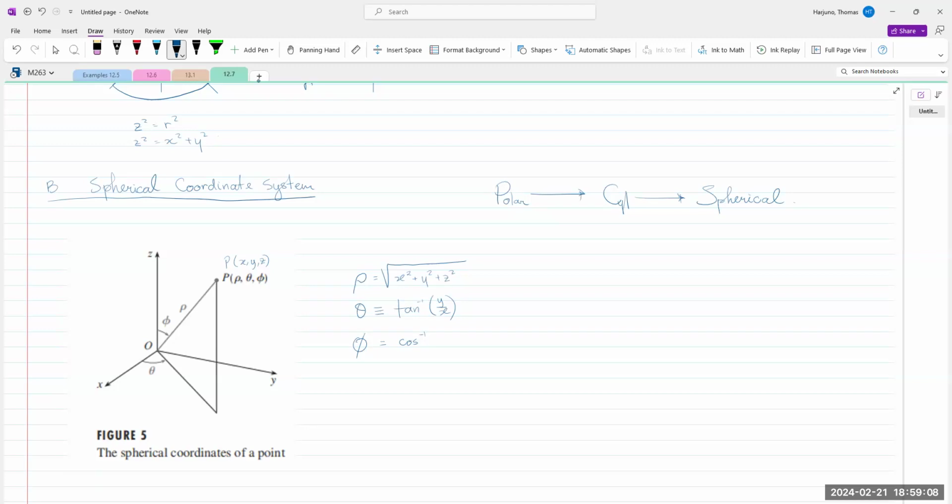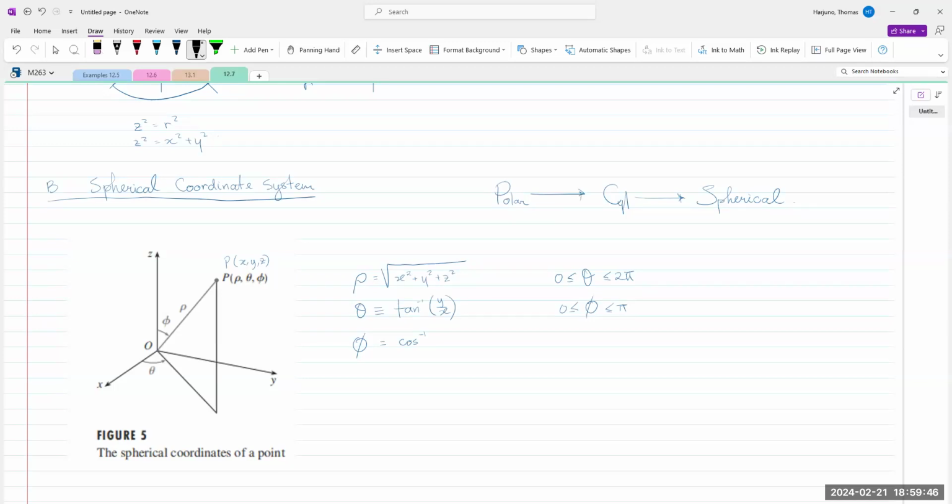It's because theta actually moves from 0 to 2 pi to make one round. But the phi actually moves from 0 to pi only. In fact, the phi will be in the first quadrant if it is above the xy plane. The phi will be greater than pi over 2 if it is below the xy plane.